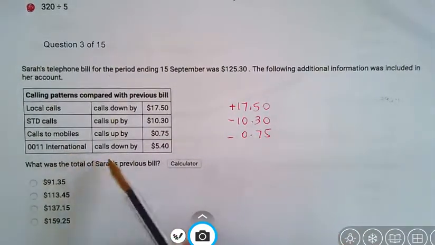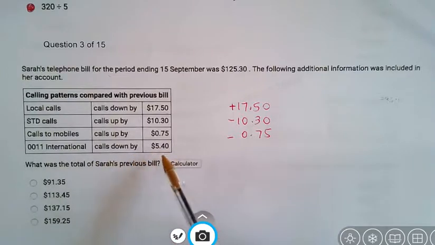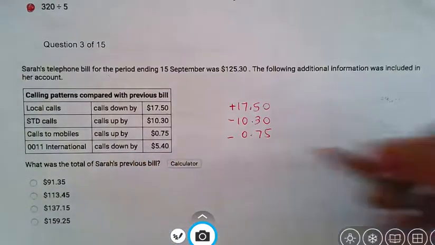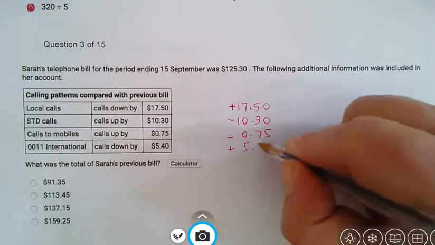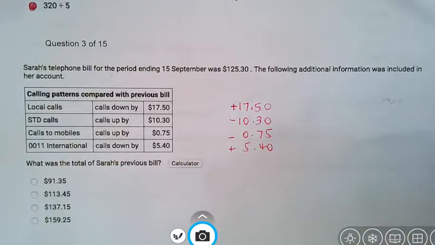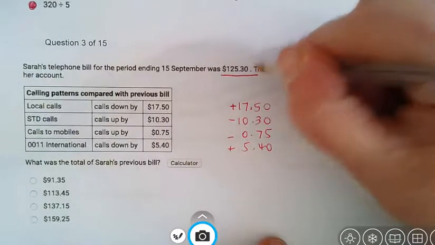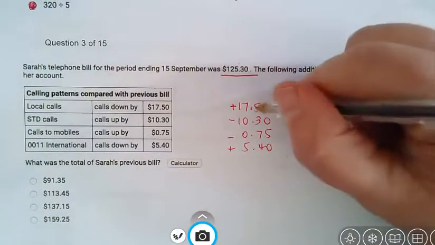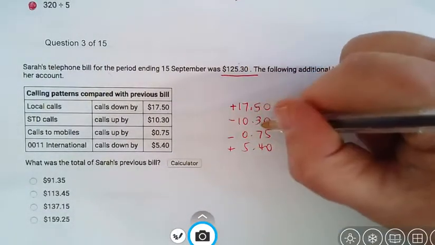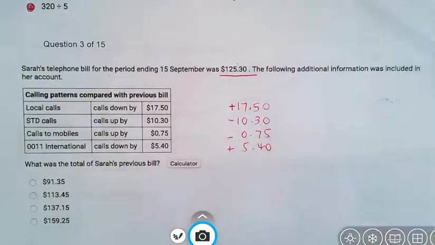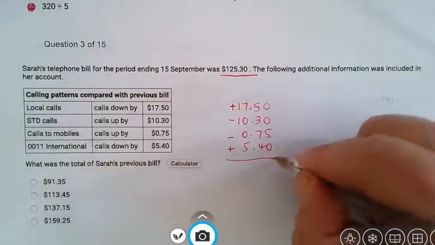And if this bill the calls were down by $5.40, last bill the calls were up by $5.40. So you have to add $17.50, subtract $10.30, take away 75 cents and add $5.40.